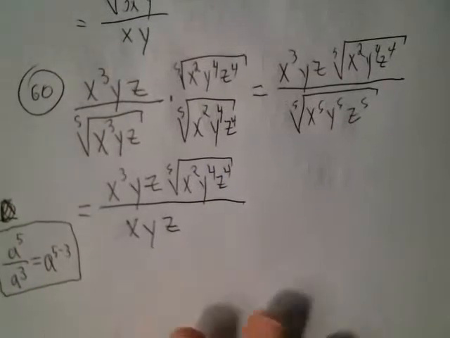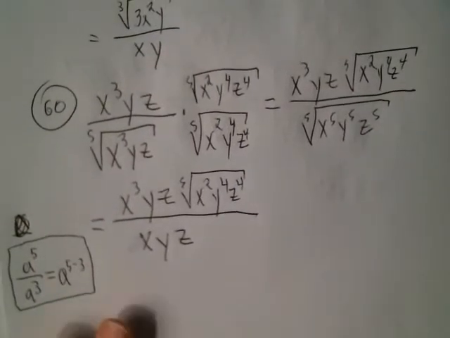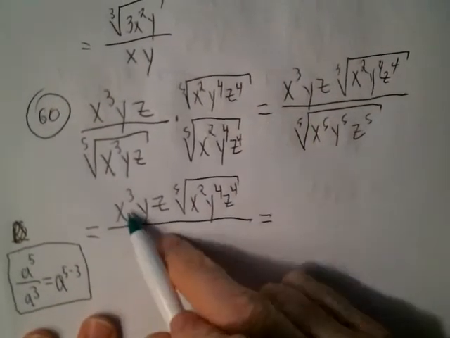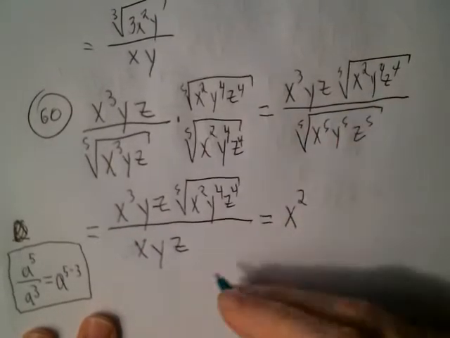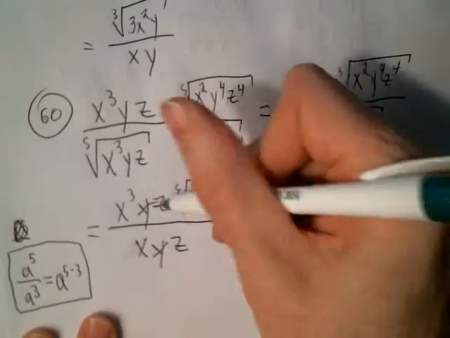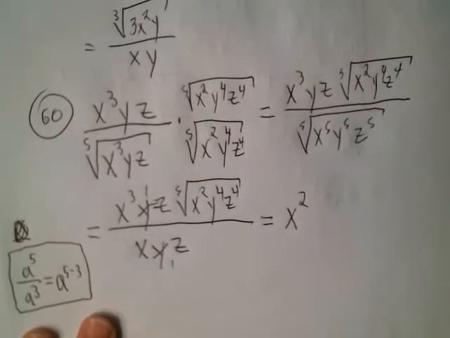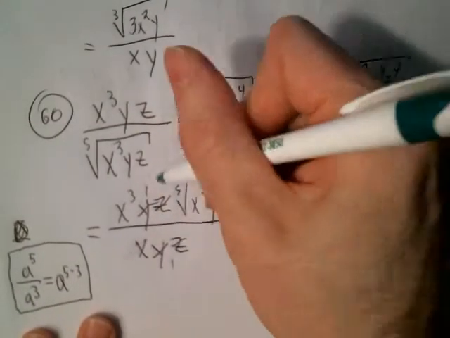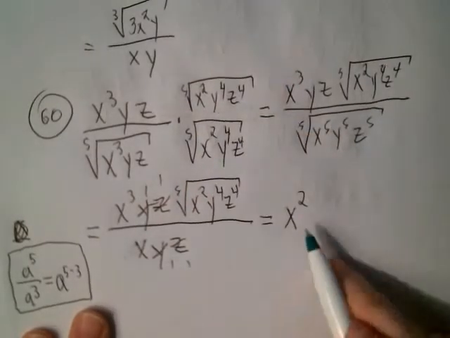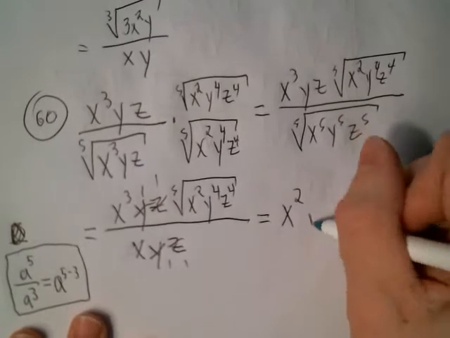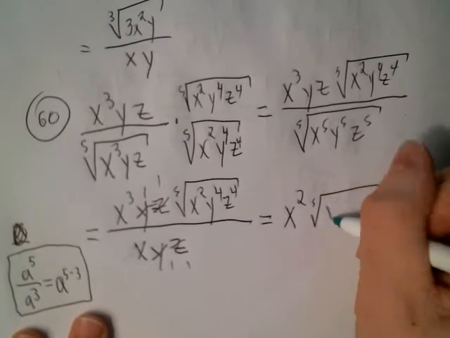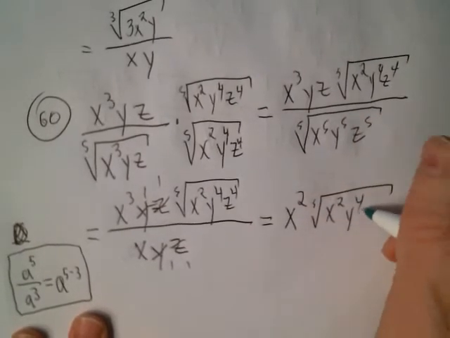So you're subtracting exponents when you do division. And in this case, we'll have x to the 3 minus 1, so x squared. And then y over y will just be 1 over 1, and z over z will just be 1 over 1. So I'm just left with x squared times the 5th root of x squared y to the 4th z to the 4th.